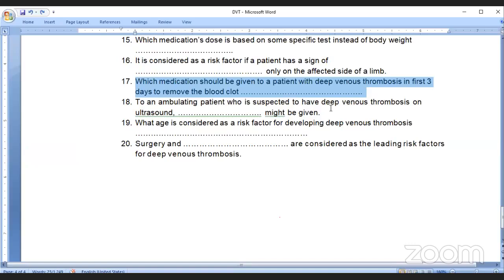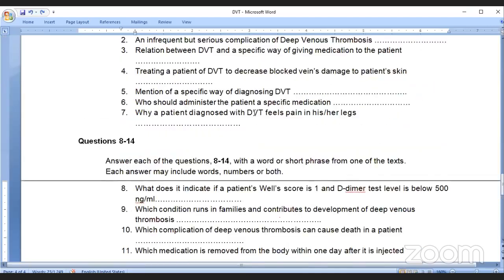In which text can you find the answer? D? Yeah, it is D. Now go to text D.